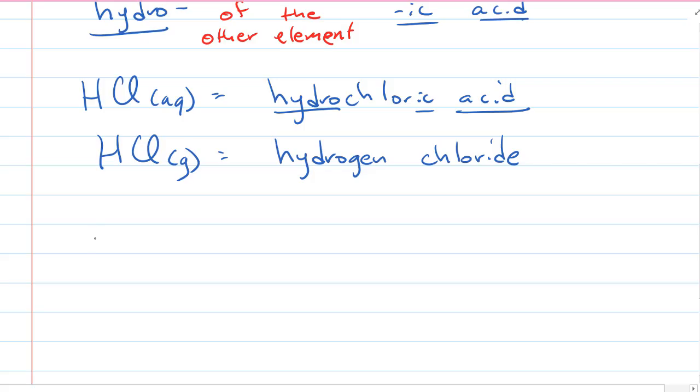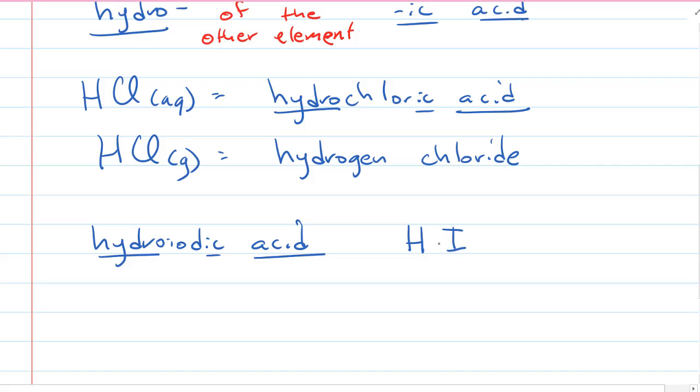Let's go ahead and write a formula. Let's take hydroiodic acid. Now we see the hydro prefix and the IC acid suffix. So because it's an acid, that must mean it includes hydrogen. And the other element in this is going to be iodine.